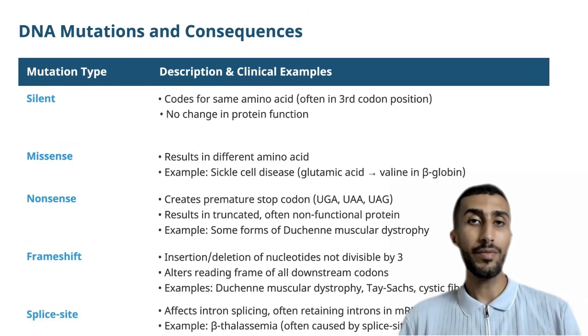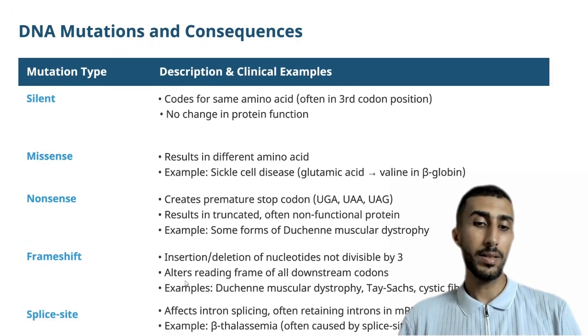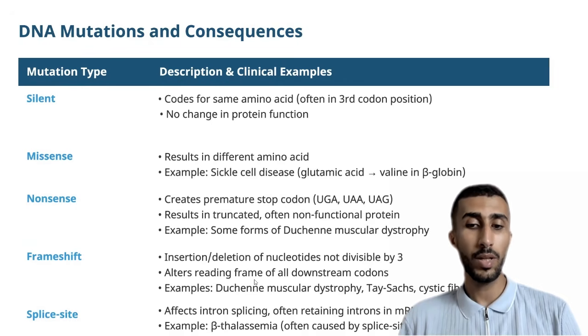This is gonna affect the whole consequent chain of amino acids. So this is gonna alter the reading frame of all downstream codons. Examples: Duchenne muscular dystrophy, Tay-Sachs disease, cystic fibrosis. Remember there are some forms of Duchenne muscular dystrophy resulting from nonsense mutation, others resulting from frame shift mutation, and also Tay-Sachs disease and cystic fibrosis.